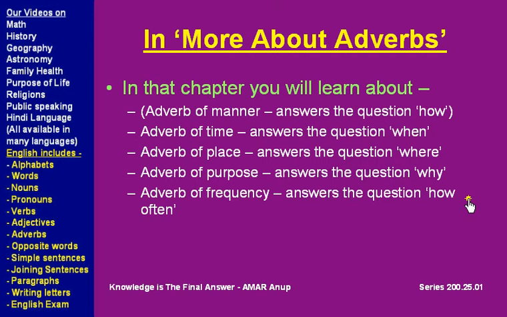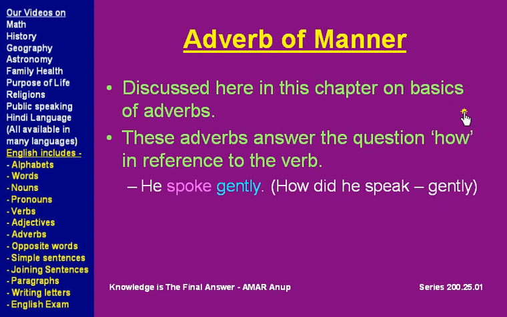As I mentioned, here we will be talking about adverb of manner, how an action took place. See, in this sentence you can see he spoke gently, and gently here is answering the question how did he speak, and the answer is he spoke gently, so gently is adverb of manner.